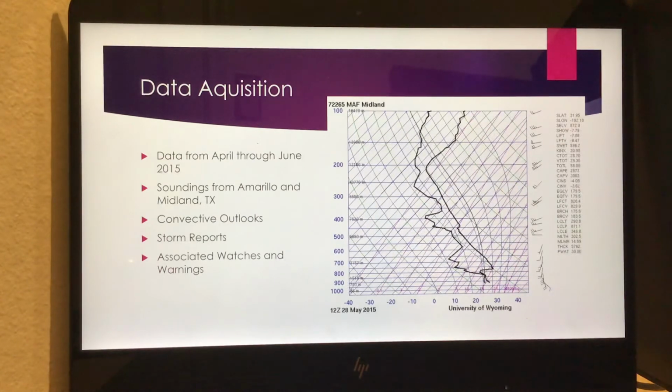I also collected convective outlooks for this time frame, storm reports, and any associated watches and warnings. I also limited myself to 1 year only, just so I wouldn't be overwhelmed with too much data. However, it'll be even better if I include multiple years, and that's something that I can always look at in the future.